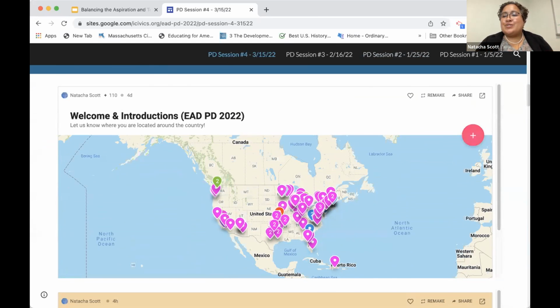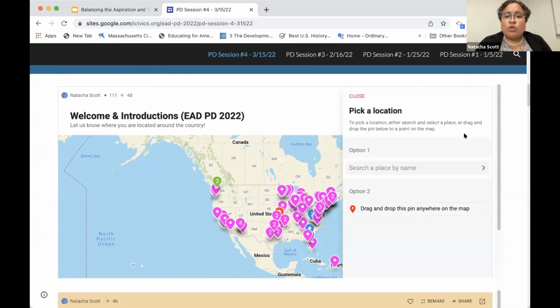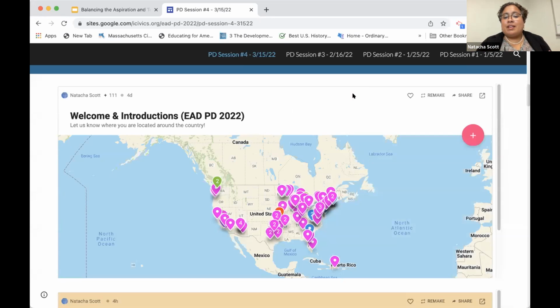But what you're going to do is tap the plus sign in the top corner of the map, tag your location, and then we're going to see our map continue to populate. I will say, if you have any friends that are in Montana, Idaho, Wyoming, we need to get them into these sessions. We have a little empty space over there on our map. So go ahead and add yourself and your location to your map just to kind of be part of this story that we're putting together with Educating for American Democracy.